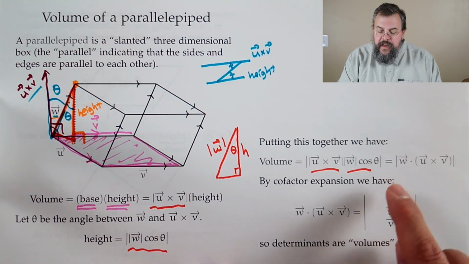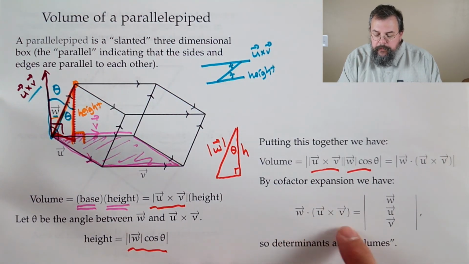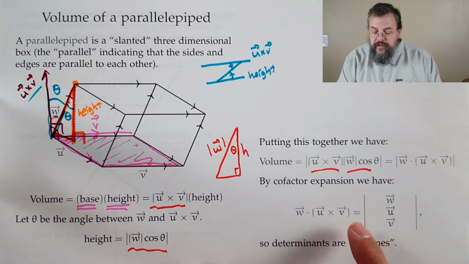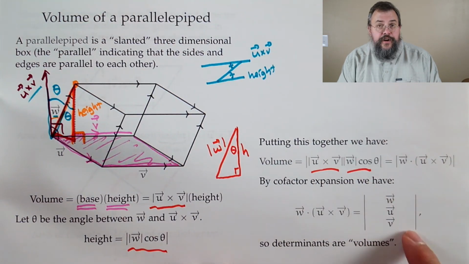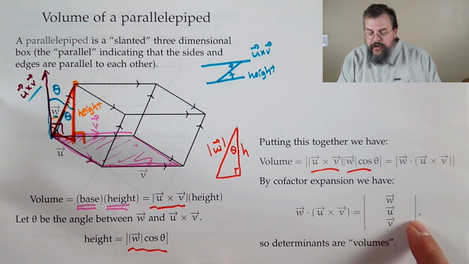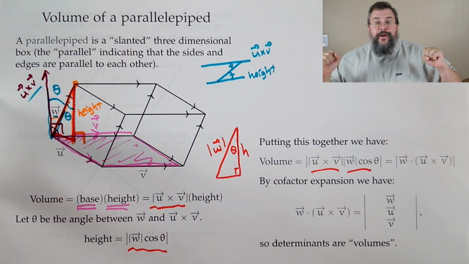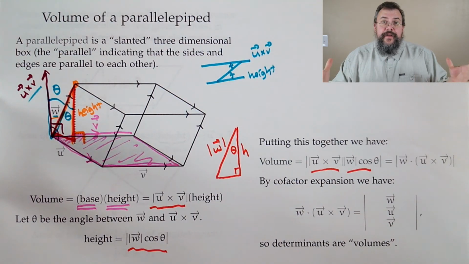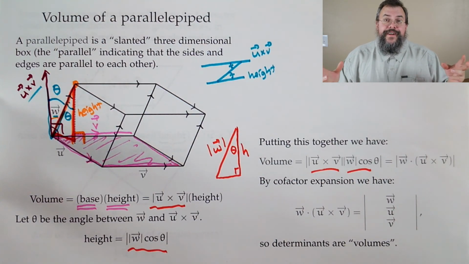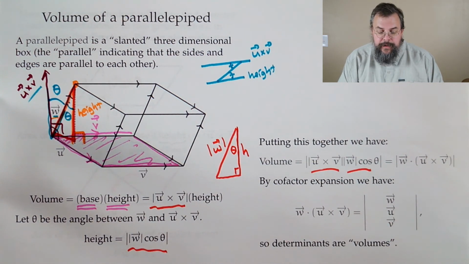So that's equivalent to saying that this quantity w dot u cross v is the same as taking a 3 by 3 determinant. First row is w, second row is u, and the third row is v. And then at the end, just make sure you take the absolute value. So what does that tell you? In some sense, it says the following: determinants are a volume of some sort. So that's the information that's being stored inside of the determinant.